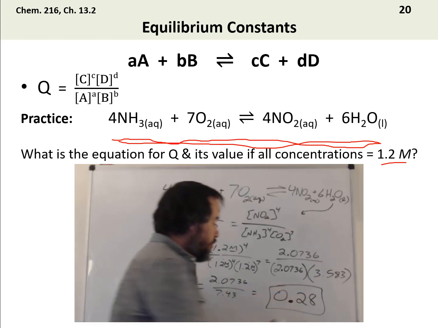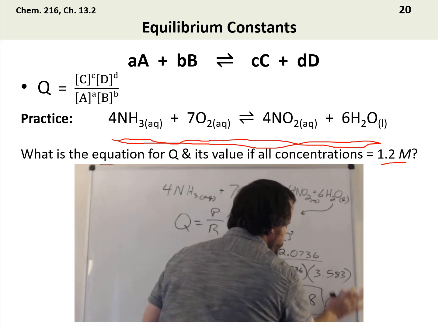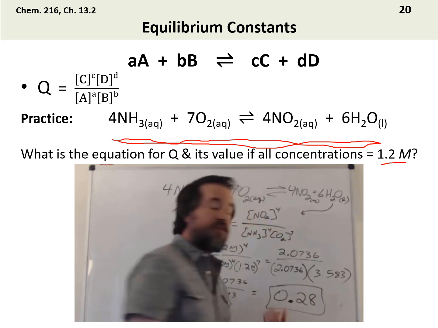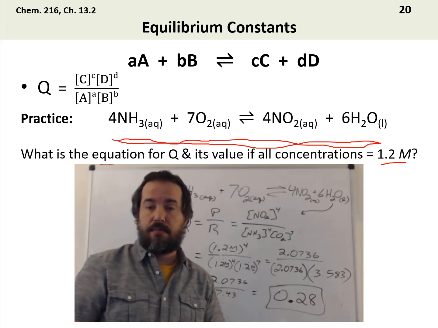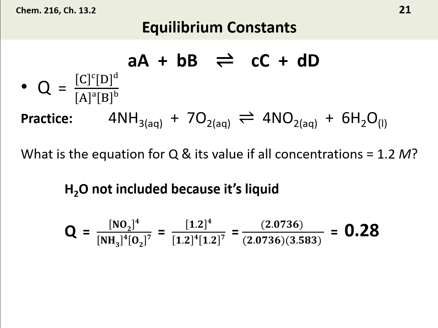So do not put units on Q. It is unitless. There are some things that are unitless. So here it is on the board. The first important thing is always to remember that H2O isn't there, so I don't include H2O in my value.